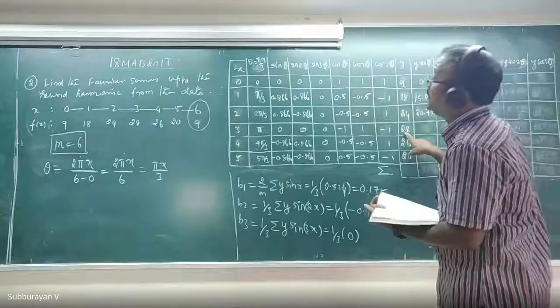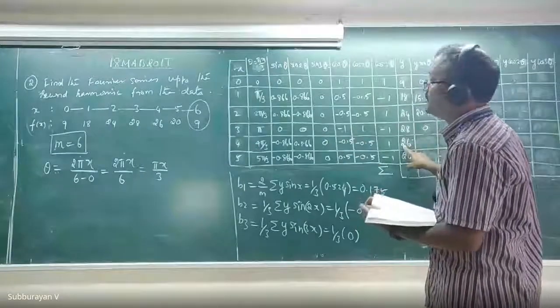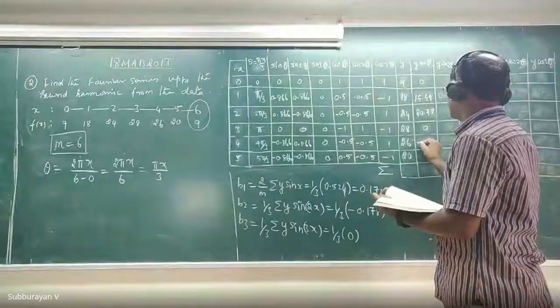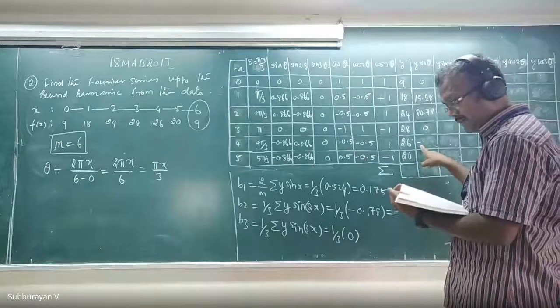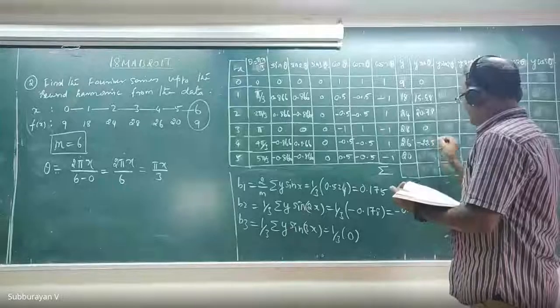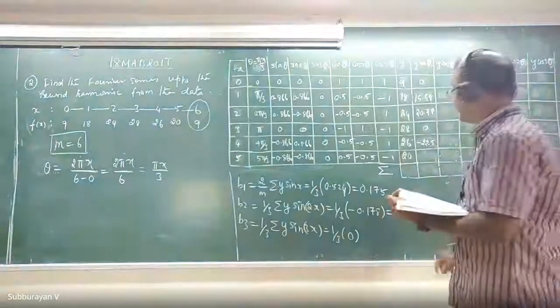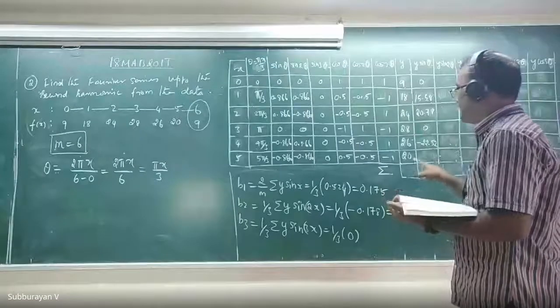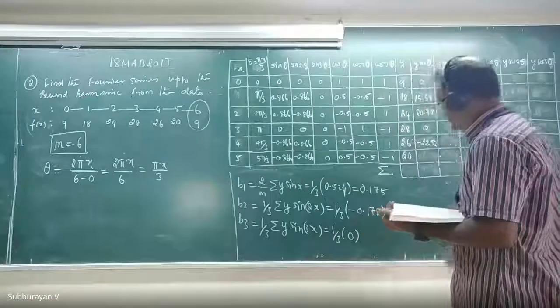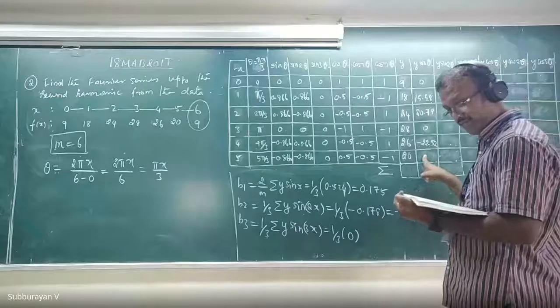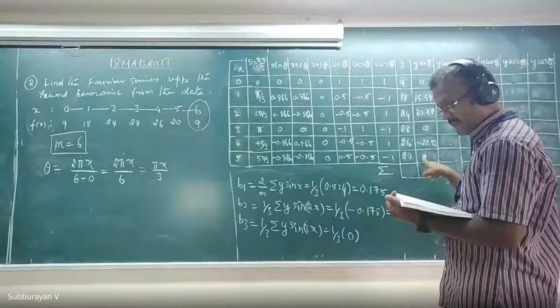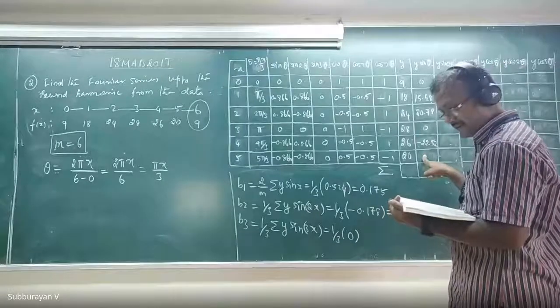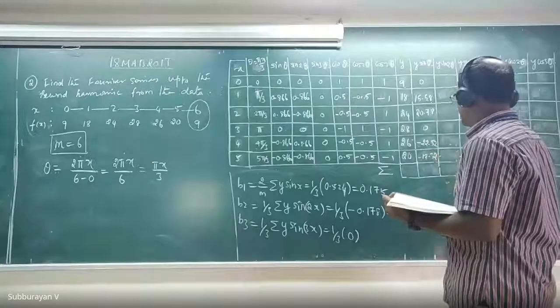Now 28 into 0 is 0, and 26 into minus 0.866 is minus 22.516, so I'll make it minus 22.52. Now 20 into minus 0.866 is minus 17.32.